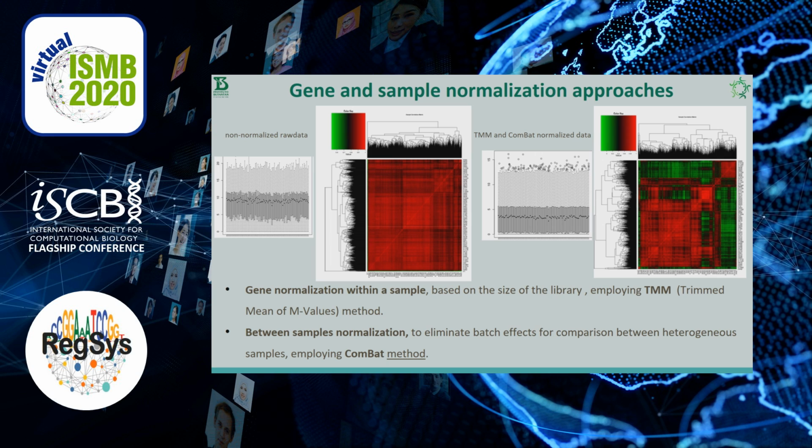The first one, library size, with TMM, and the second one, cross-sample normalization, with ComBat. We can see on the right side the box plot with a much improved variation between the samples, and in the heat map of expression correlation we can find very good sets of samples with very different and exclusive expression profiles that make it possible to classify the subtypes.